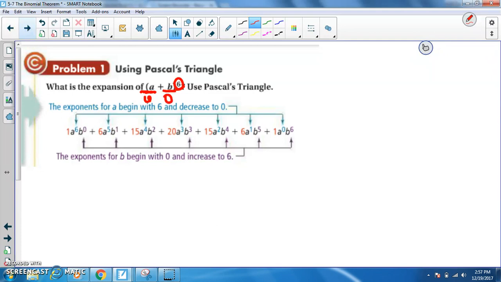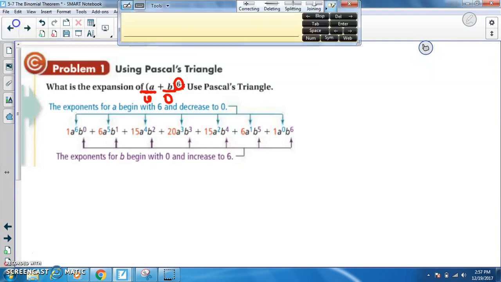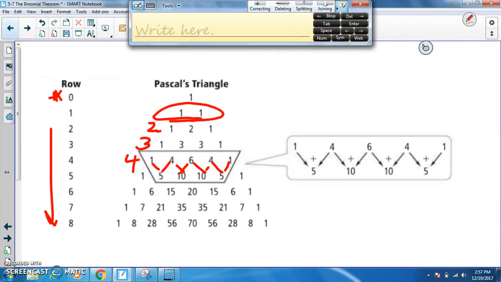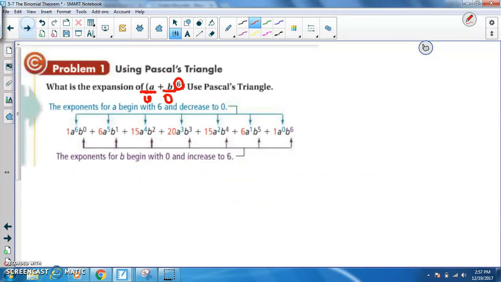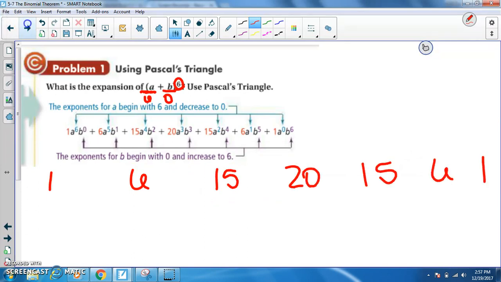So, row 6 coefficients are here: 1, 6, 15, 20, 15, 6, 1. Gonna move those over a little.